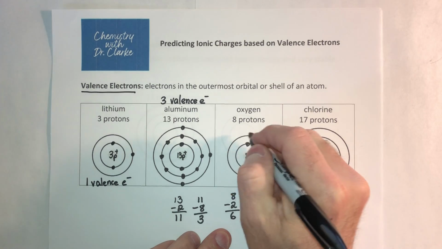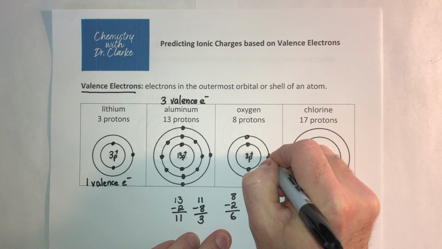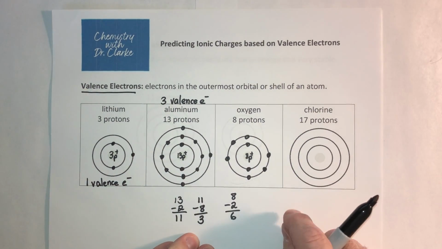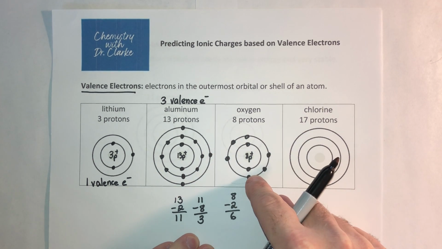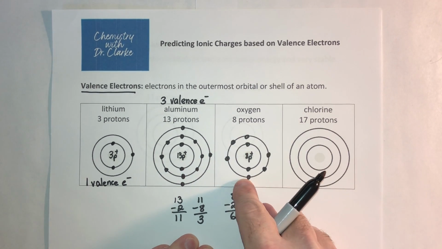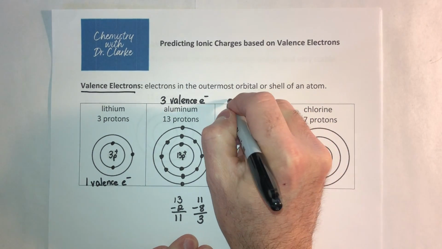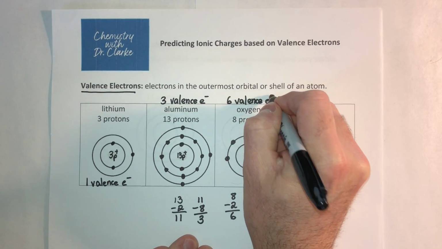So all 6 of these will go into this second orbital. 1, 2, 3, 4, 5, 6. So that gives me 6 electrons in this outer ring. If this is the outermost ring, that's my valence electrons. So for the oxygen, I would have 6 valence electrons.